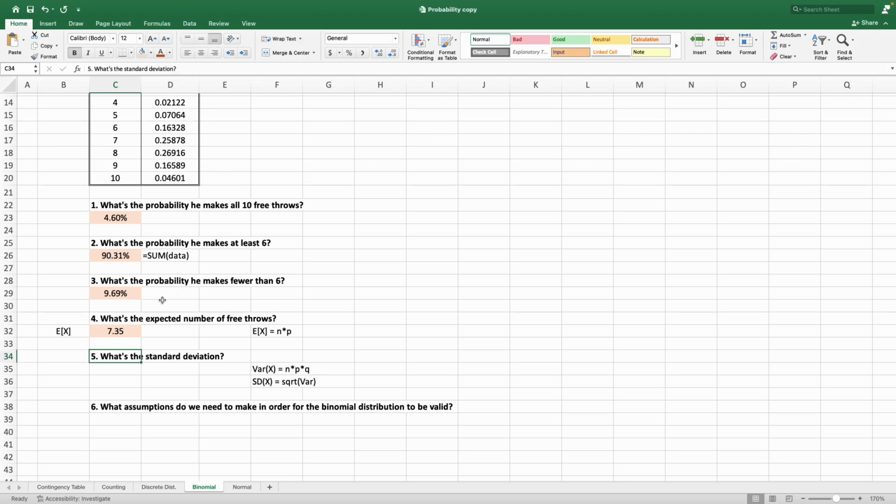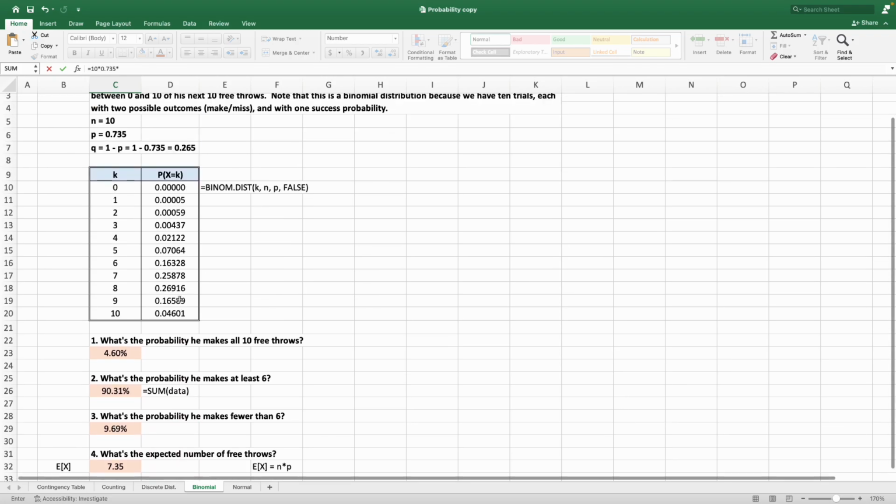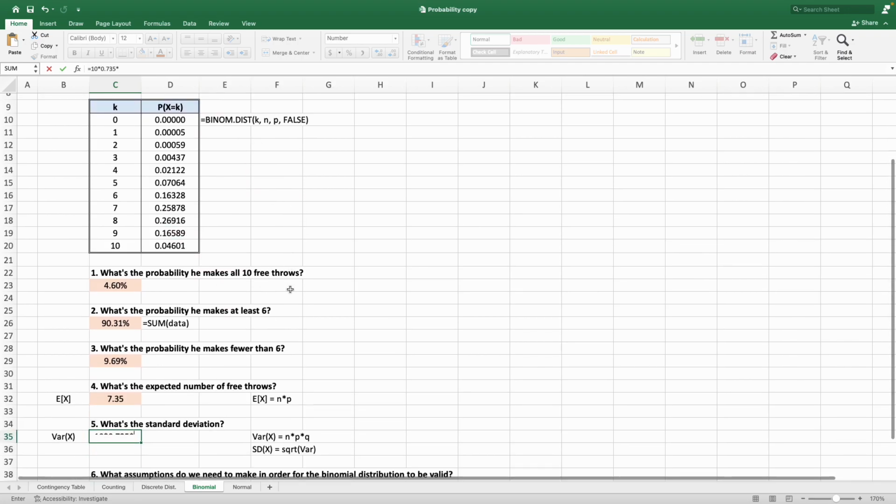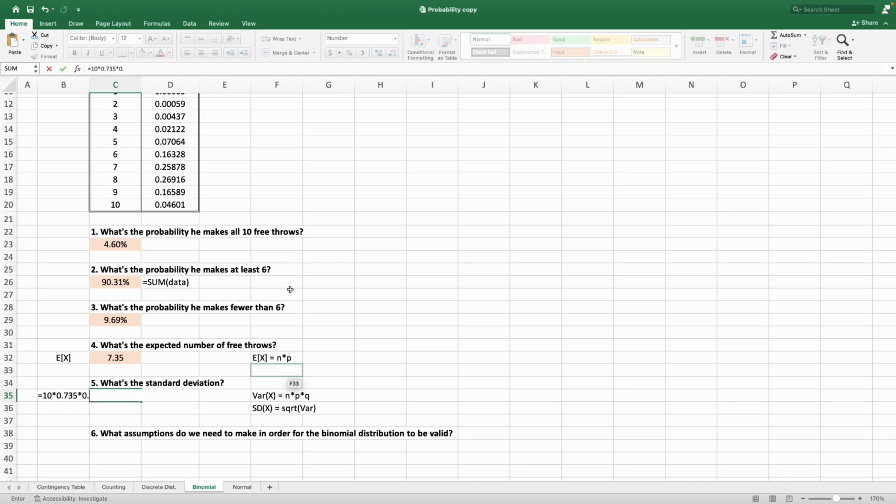What's the standard deviation? Remember, the variance of a binomial is n times p times q. And then the standard deviation is the square root of the variance. So let's start with the variance. Variance of x is going to be equal to n, which is 10, times p, 0.735, times q, which we found to be 0.265, enter.